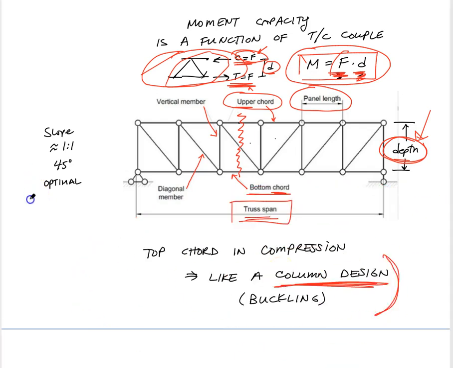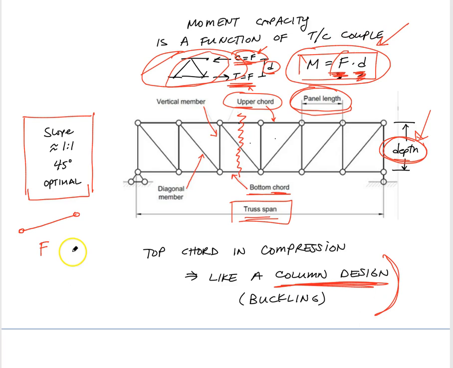And one of the other things we would like to have, well, how far is the panel? We'd like to have about a 1-to-1 slope. That would be optimal. It's not always going to end up being that way. If you've got something where it's shallow, so the slope is very short, then you obviously put more force on the chords to grab enough moment capacity.